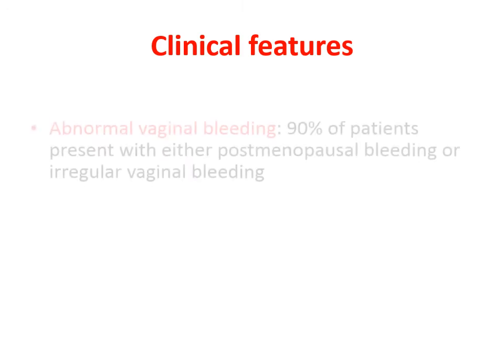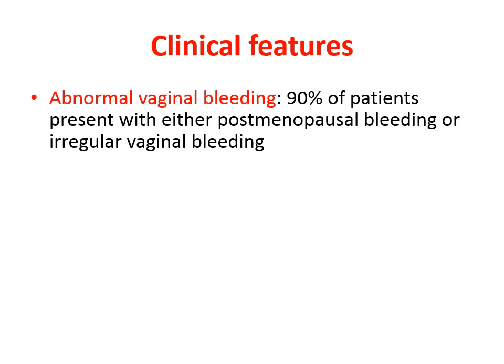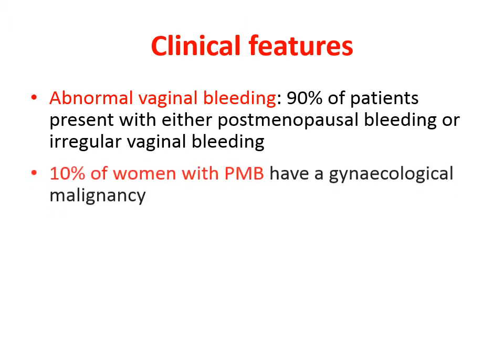Okay, what about the clinical features? How might a woman with endometrial cancer present? About 90% of patients with endometrial cancer present with abnormal uterine bleeding, either in the form of postmenopausal bleeding if they are postmenopausal, or irregular vaginal bleeding if they are premenopausal or perimenopausal.